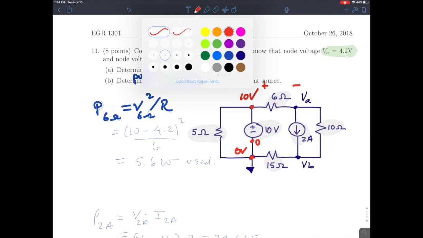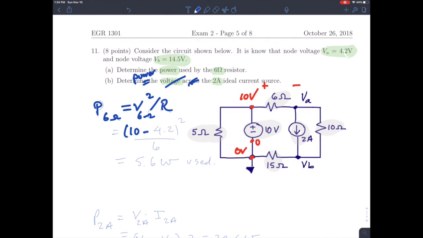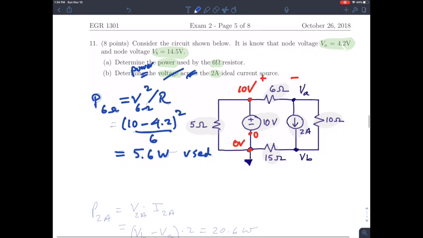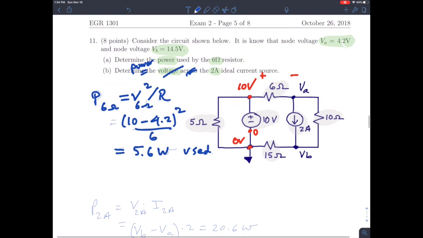That would simply be 10 minus 4.2, because that's VA, squared, divided by 6, plug that into the calculator, I get 5.6 watts. And because it's power, and because it's a resistor, it's used. Resistors always use power. So if I ask you for power, you need to tell me whether it's used or supplied.